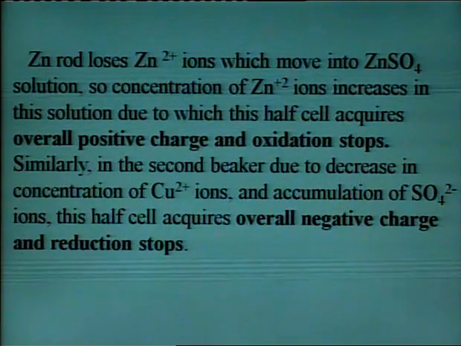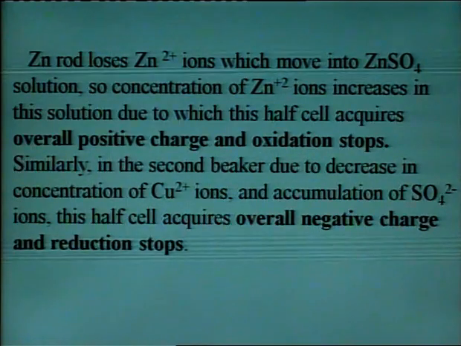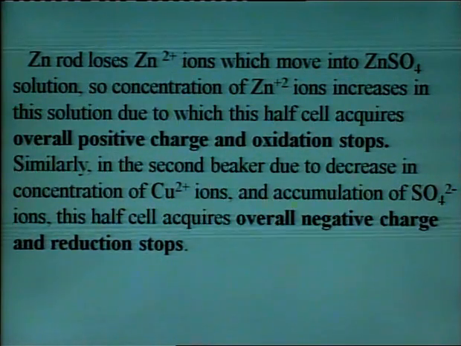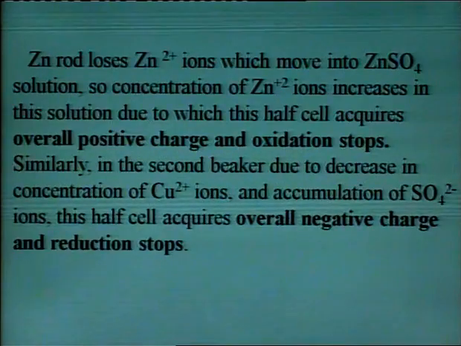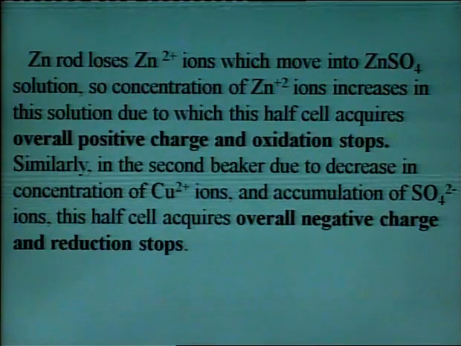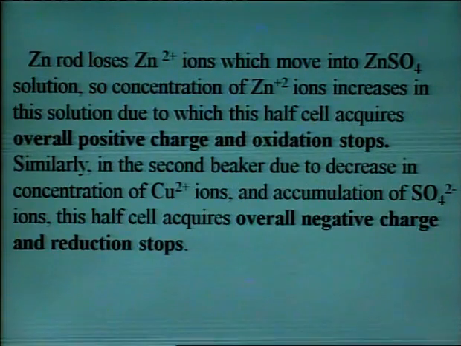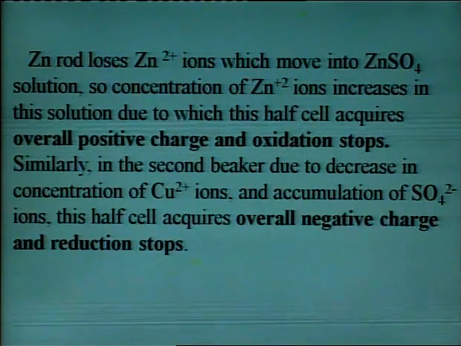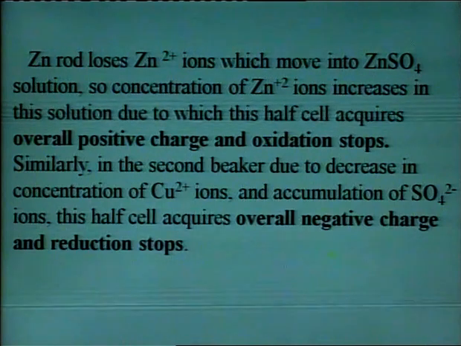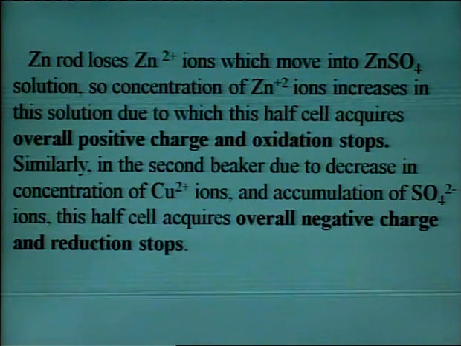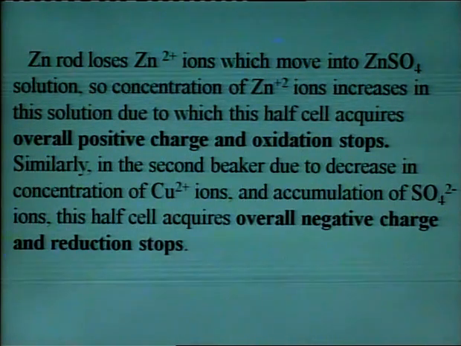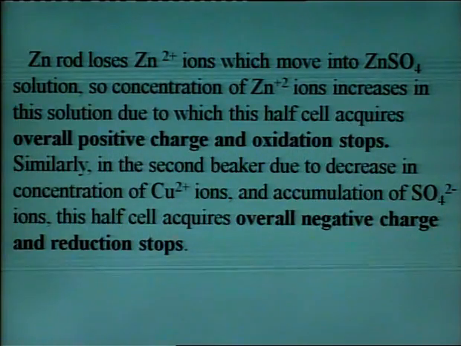Similarly, in the second beaker, due to a decrease in the concentration of copper ions, accumulation of sulfate ions will occur, due to which this half cell acquires overall negative charge and the process of reduction stops. In the reduction half cell, what is going on?